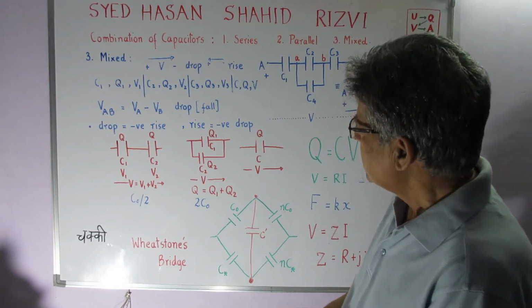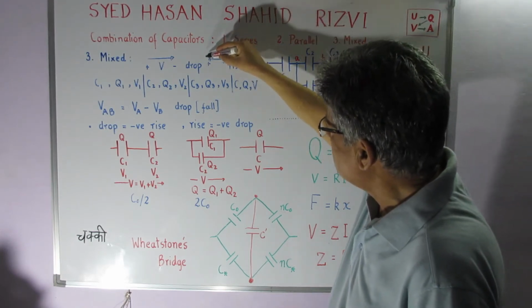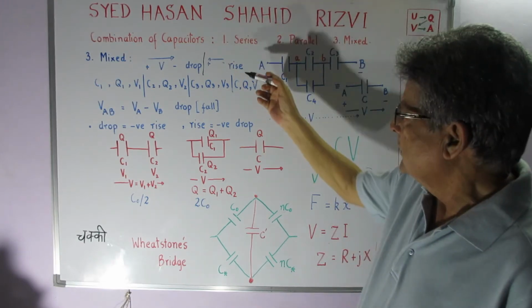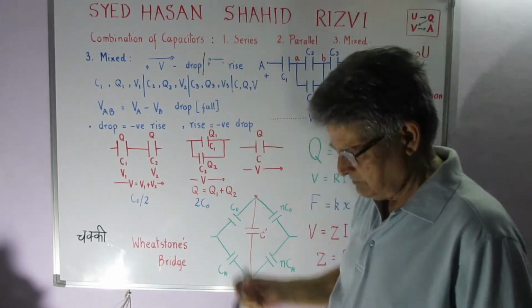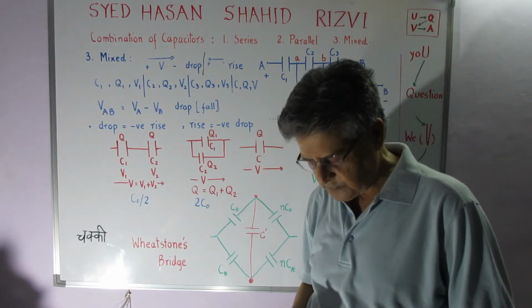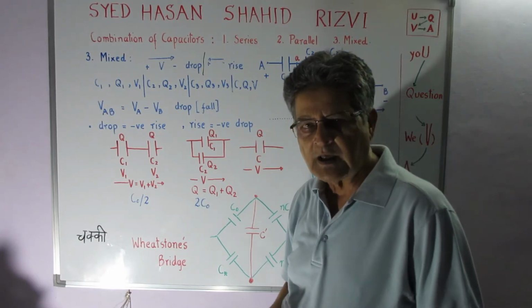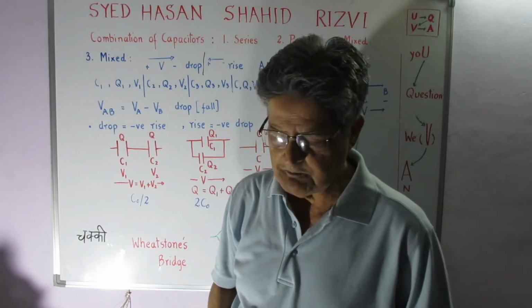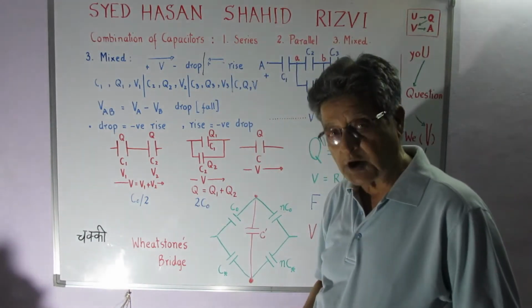Otherwise, if I have a symbol like this, negative to positive, the arrow goes like that, then of course we understand that this is a rise of potential.